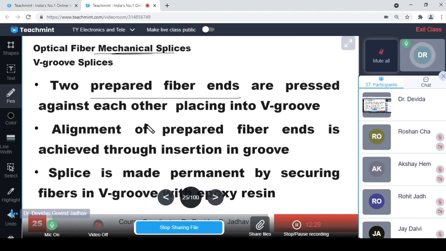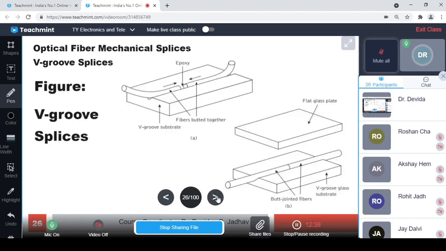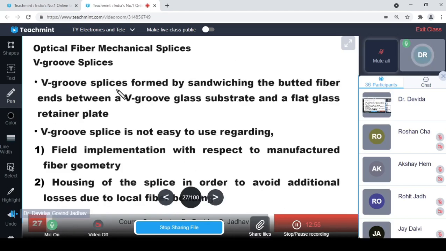So prepared end faces are required, and the fibers are placed into a V groove, and then the matching material is applied, and clamping is done. So a V groove splice is shown here, which has a V groove on one plate, and the other plate is just to force the first plate, so that both plates will hold the fiber permanently. V groove splices are formed by sandwiching the butted fiber ends between a V groove glass substrate and a flat glass retainer plate.